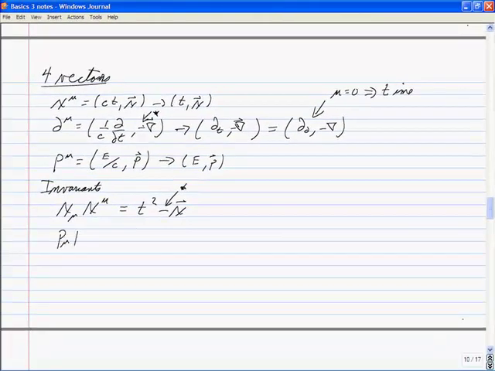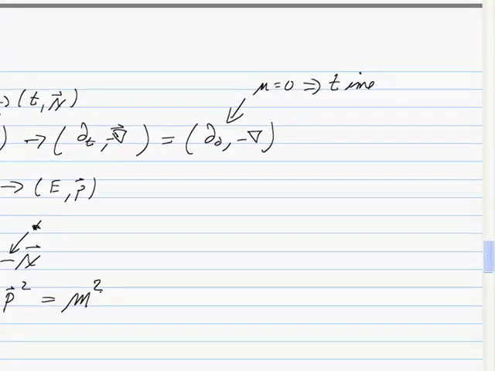So p mu p mu is E squared minus p squared by that convention, which is the mass squared, since E squared is p squared plus m squared. So p mu gives you the mass.